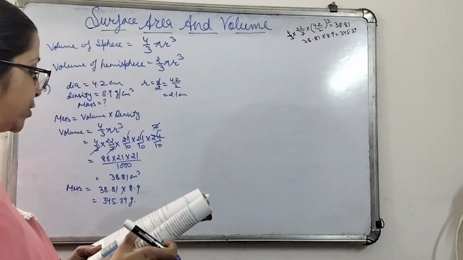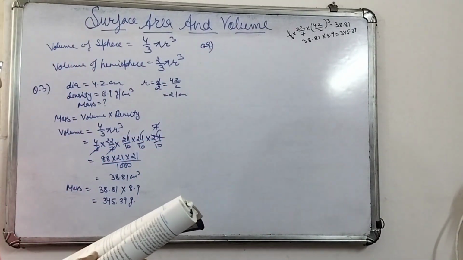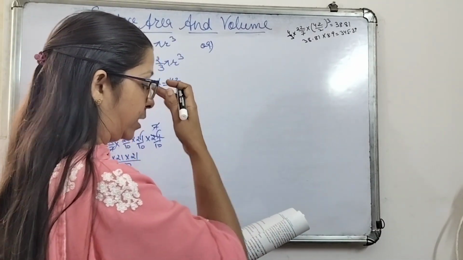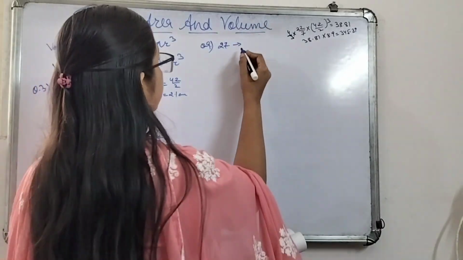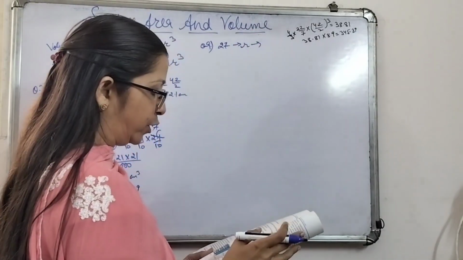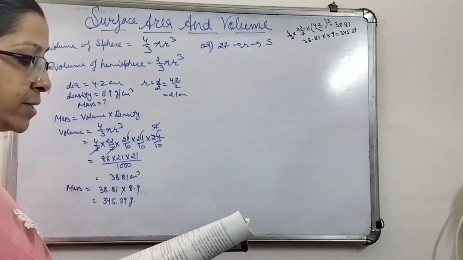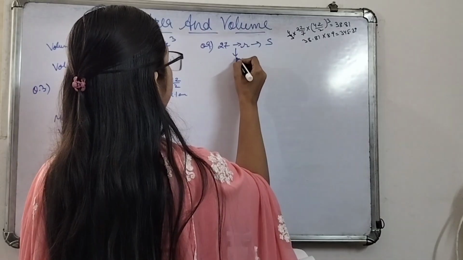Now let's see another question, that is question number 9. 27 solid iron spheres, each of radius r. So 27 iron spheres we have taken, radius is r, and the surface area is s. These iron spheres are melted to form a sphere with surface area s dash.